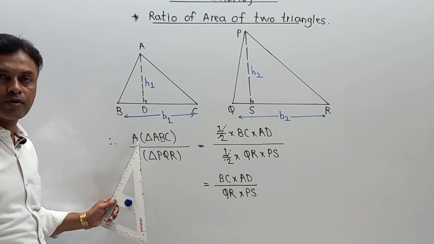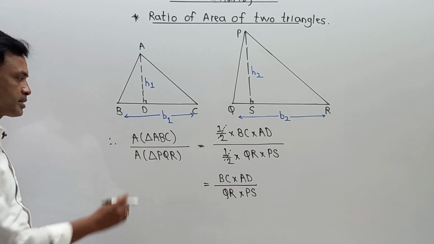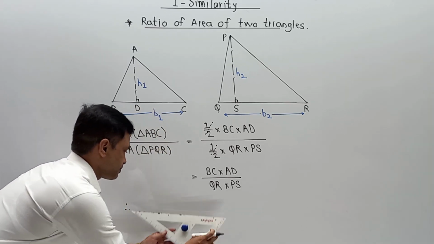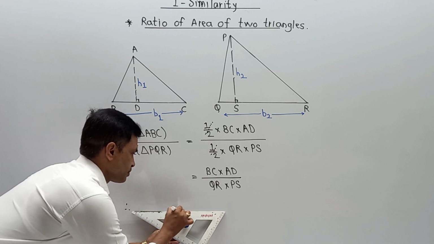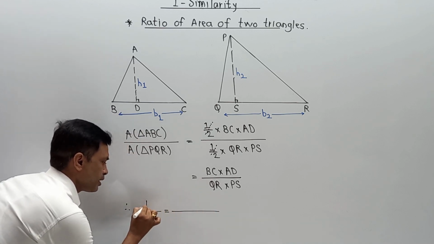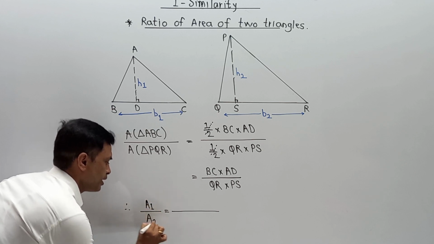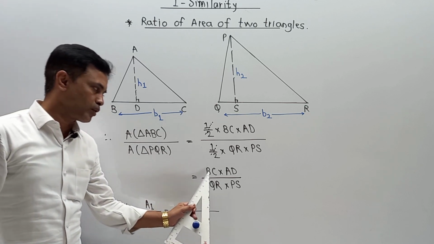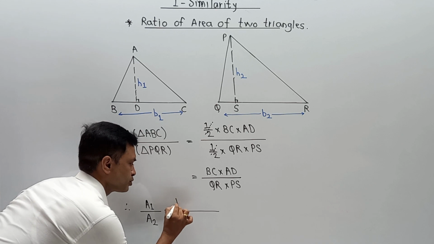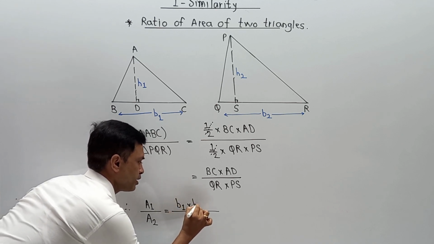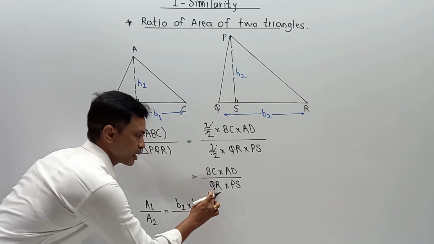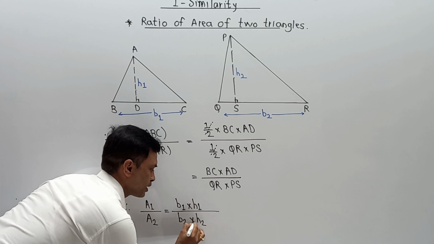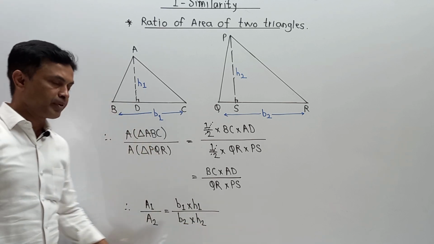So area of the first triangle divided by area of the second triangle is equal to base into height of the first triangle divided by base into height of the second triangle. In this way we have simplified this part.